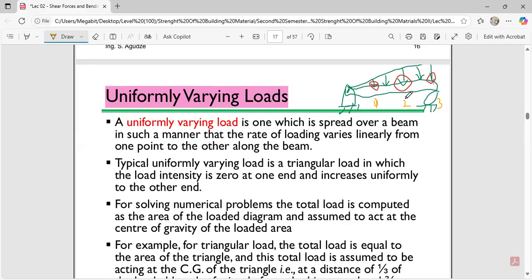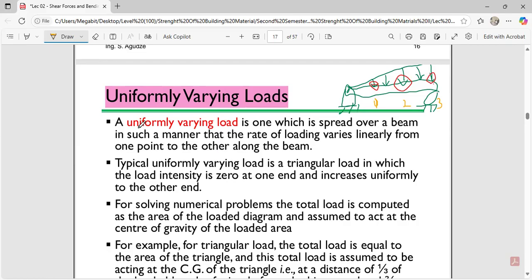So the ectomorph, the mesomorph and the endomorph are all having varying loads. The first person is an ectomorph, the second person is an endomorph, and the third person is a mesomorph.